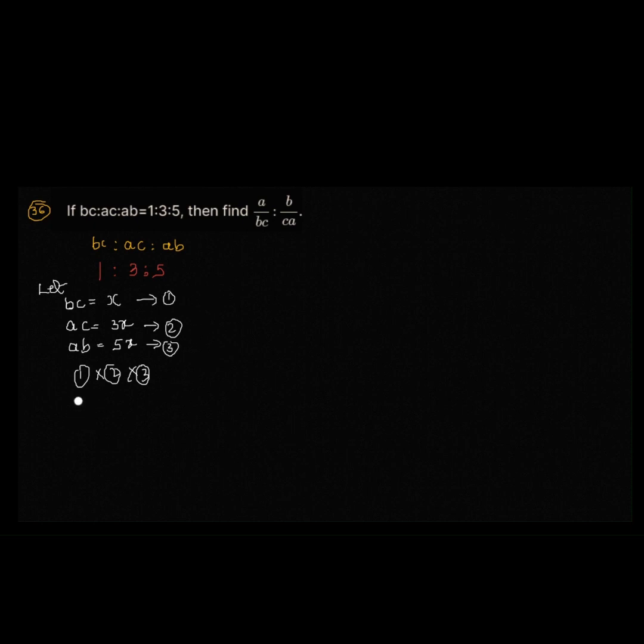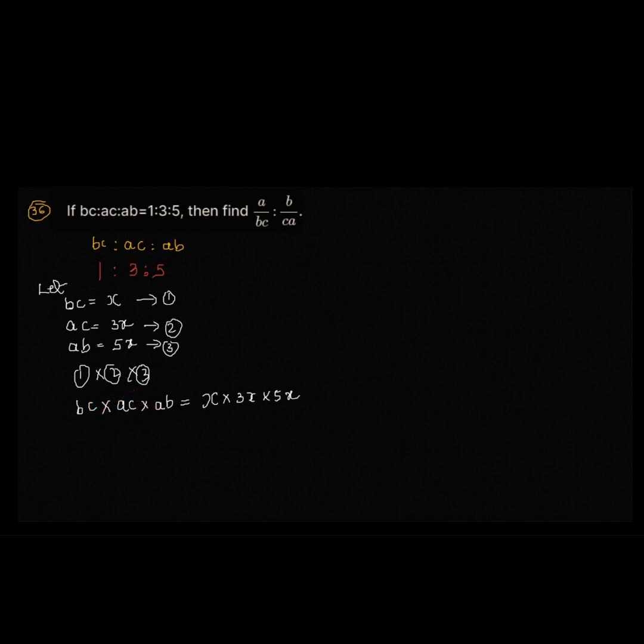So what do we get? BC times AC times AB on the left hand side of these equations, and we need to multiply the right hand side as well, which is x times 3x times 5x. As a result we see here B twice, C twice, A twice.